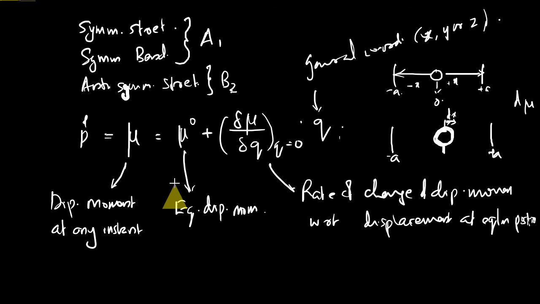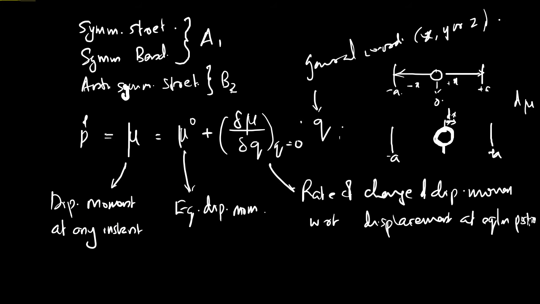Now you know that the dipole moment μ is a vector and it can be resolved into three components along the x-axis, y-axis and z-axis. So what will be the dipole moment component in the x-axis?